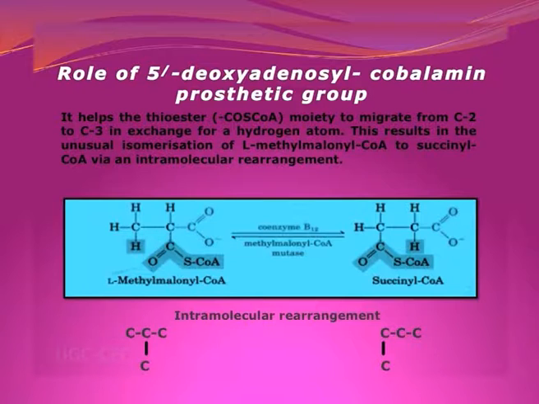In this reaction, we can see that the L-methylmalonyl-CoA is getting converted to succinyl-CoA through an intramolecular rearrangement reaction. That means the CoA group, which is originally situated on carbon number 2, is getting shifted to carbon number 3, and the hydrogen atom from carbon number 3 is getting shifted to carbon number 2. So this is a very good example of intramolecular rearrangement.